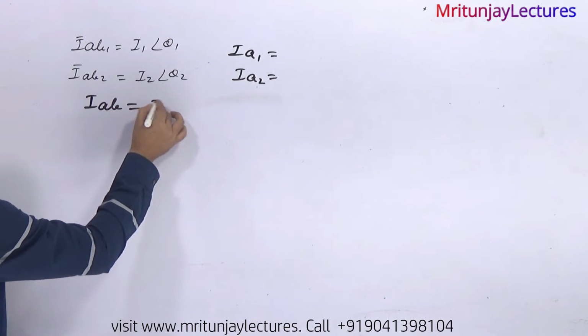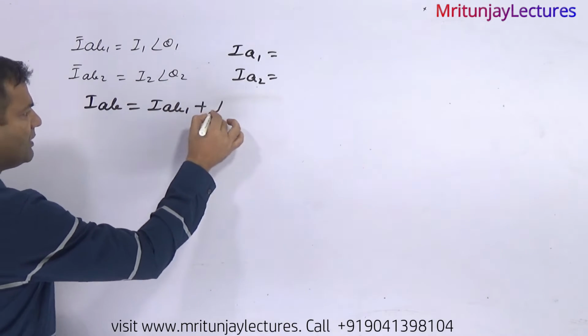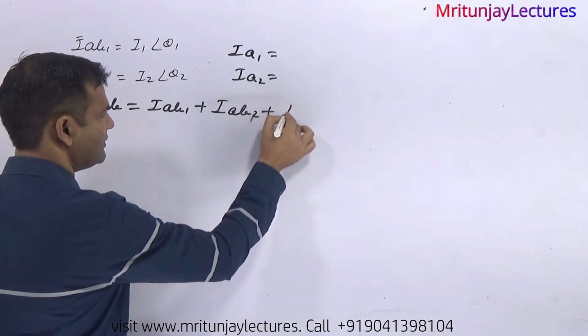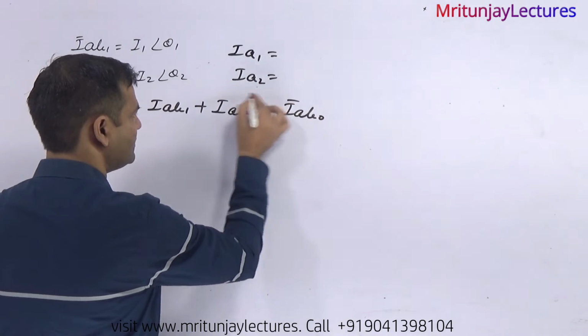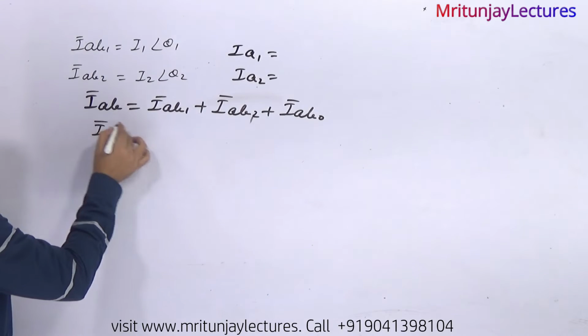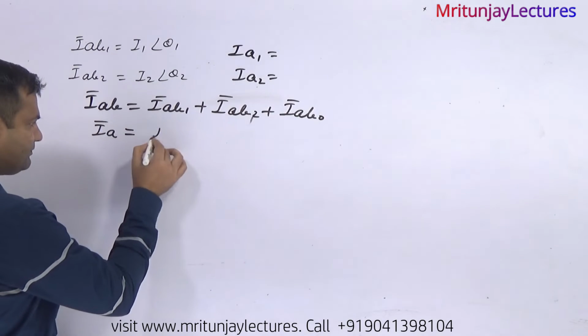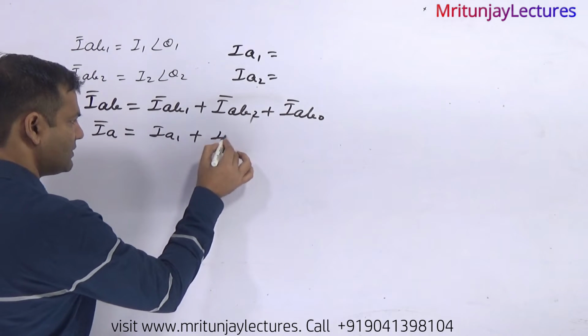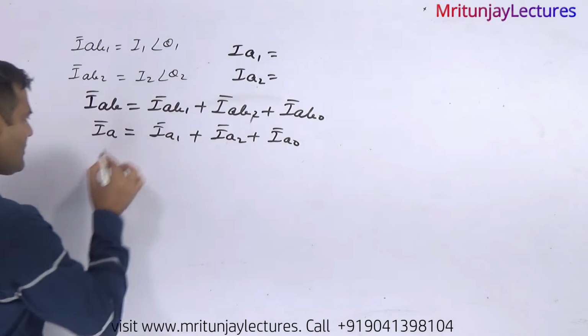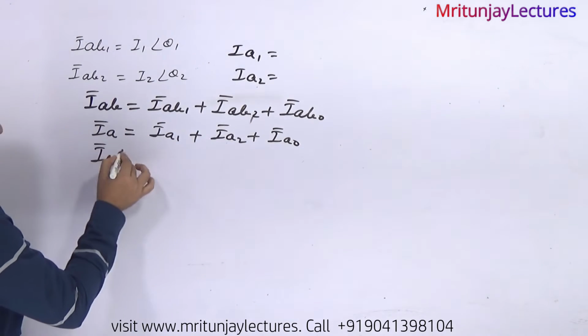Okay, so it means IA, IB, IC, that is the line current, are expressed through IA1, IA2 and IA0. What about IA? I know that is IA1, IA2 and IA0. And what about IB?